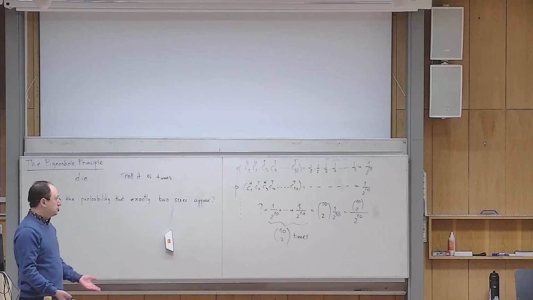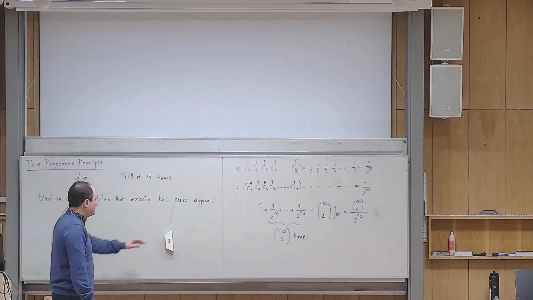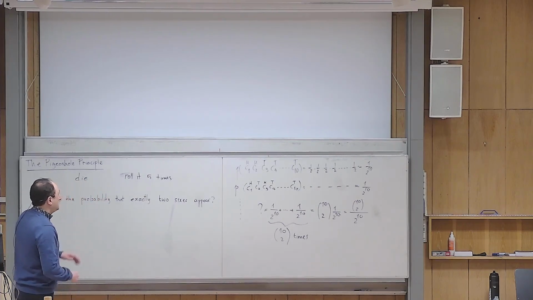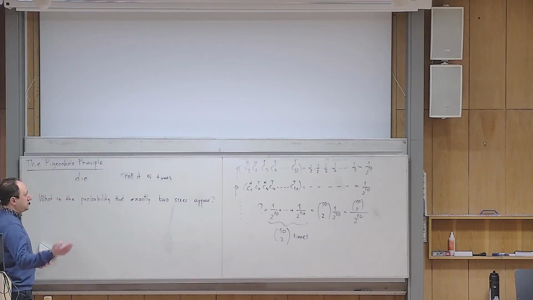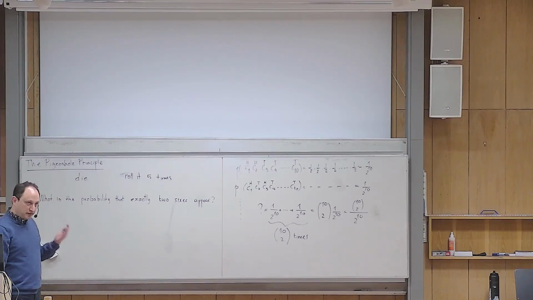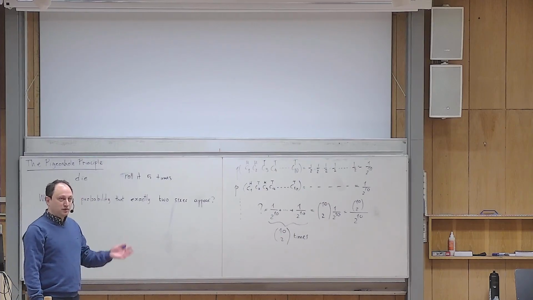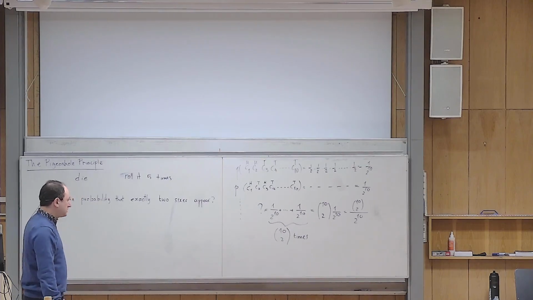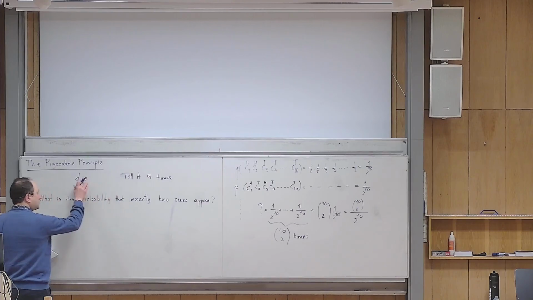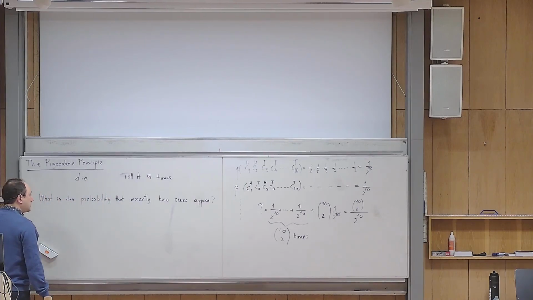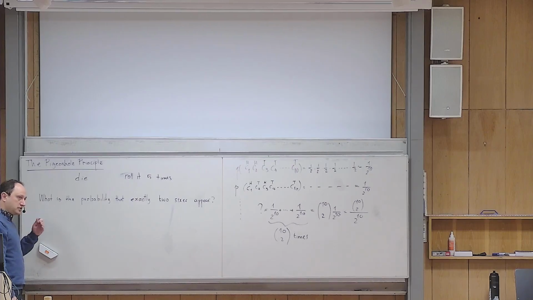I have one die rolling 5 times, and as you said, you can imagine you have 5 dice and roll them once. They are equivalent. But let me stick to the problem I mentioned: I have one die, I roll it 5 times, and I want to see the probability that exactly two 6s appear. Let us consider one scenario.